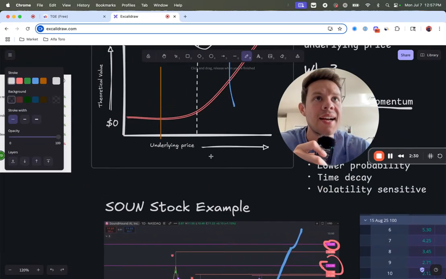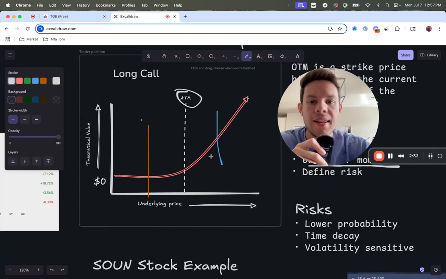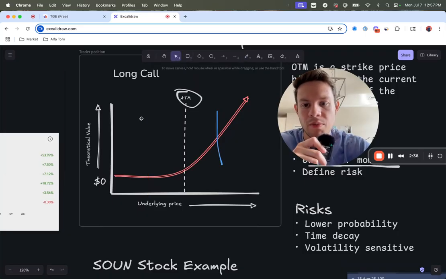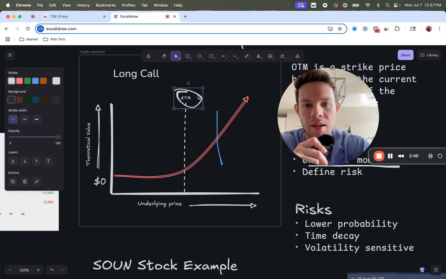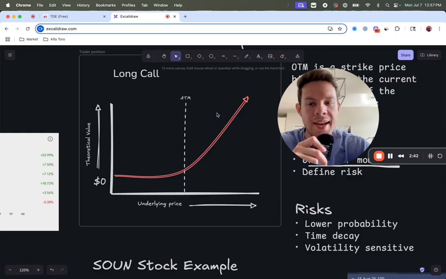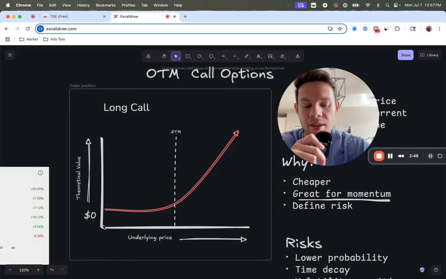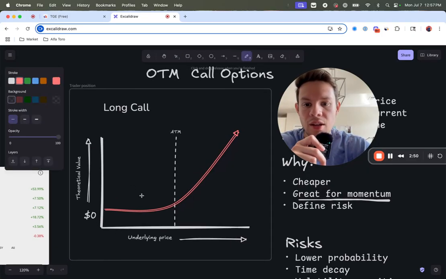And this is exactly how it works. Let me remove these drawings. When you get a long call option that's out of the money, as the price of the stock goes deeper and deeper in the money, right? Let's say it starts right here and it goes in, you get more value.